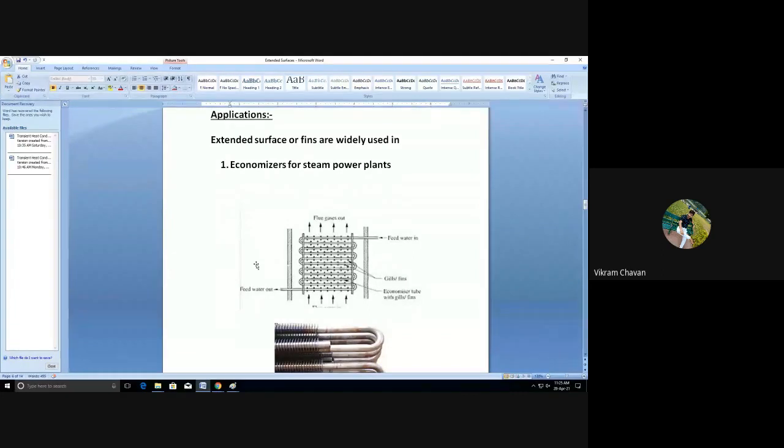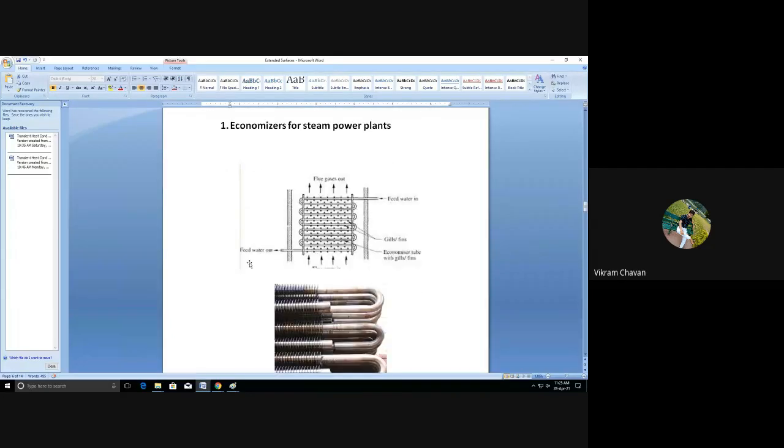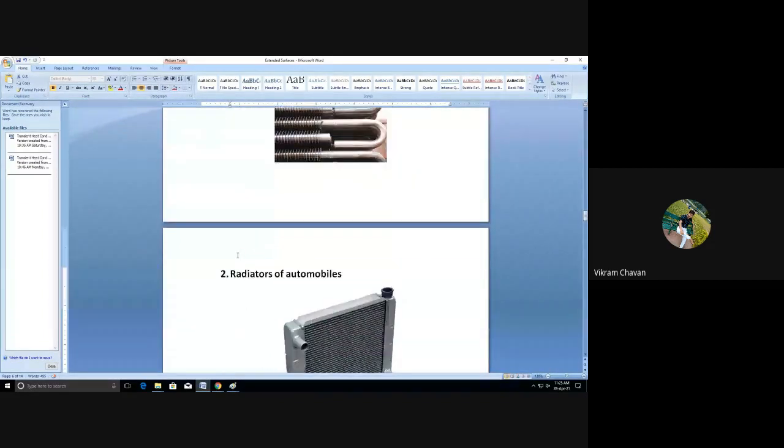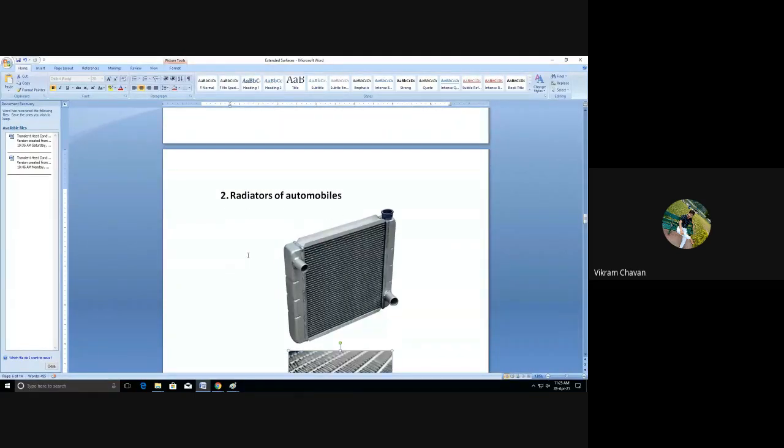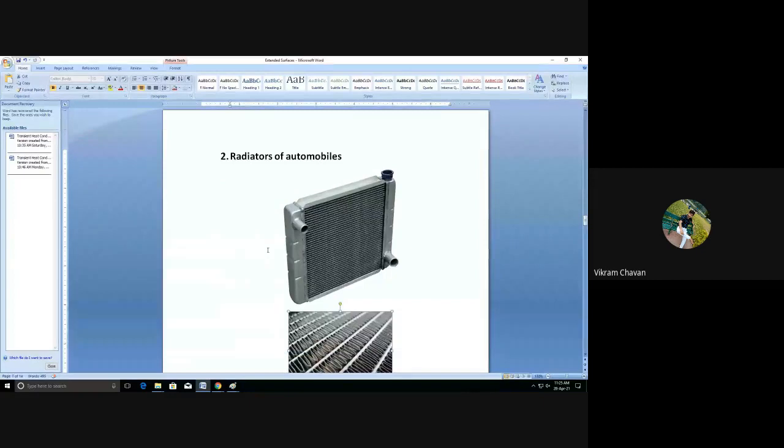economizers for steam power plants. Then second one, radiators of automobiles.